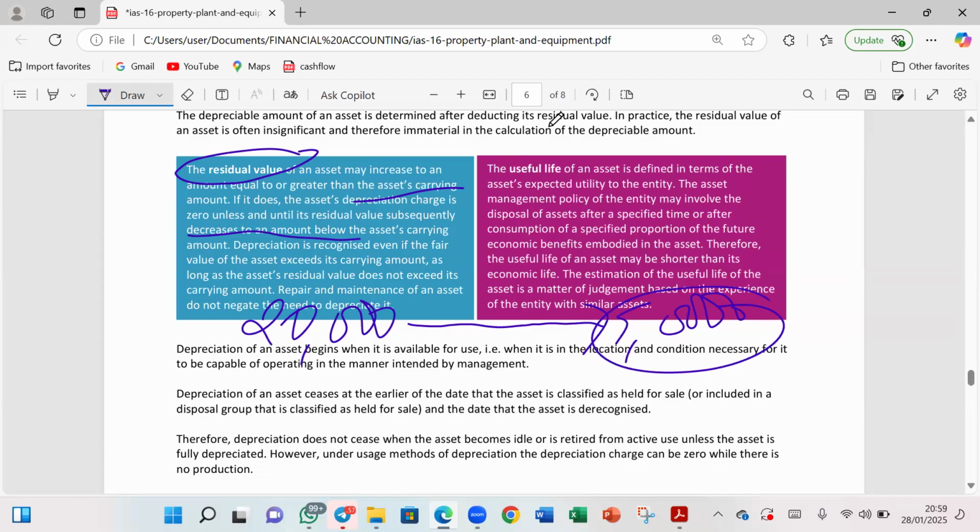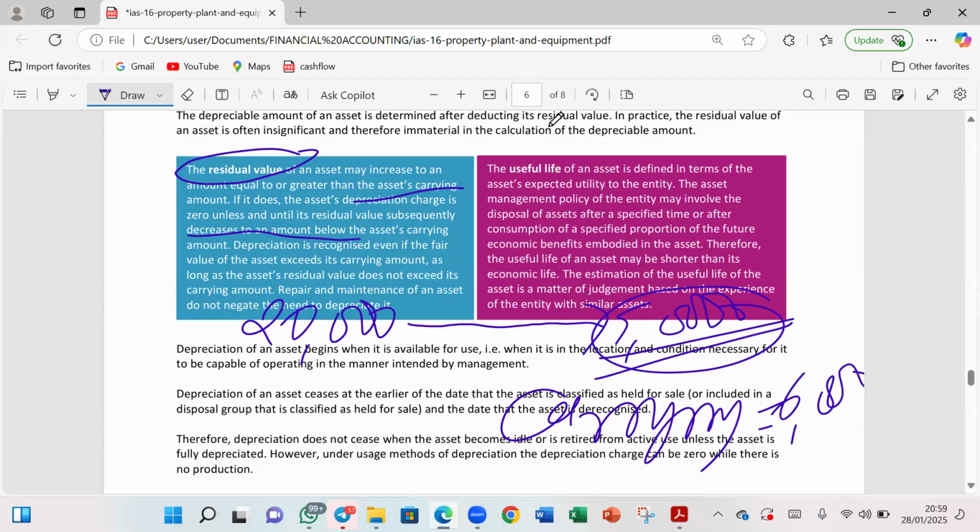Now let us assume that this is the residual value, but the carrying amount, for example, is 6,000. If unauza at 5,000, the residual value is less than the carrying amount.